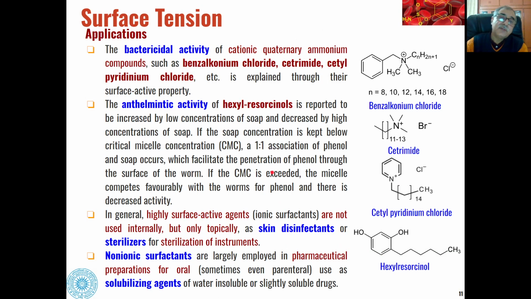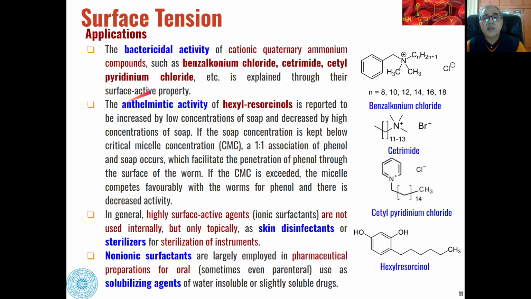Now, applications of different types of surfactants for different types of diseases have been explored. For example, benzalkonium chloride, we know, is a cationic quaternary ammonium salt, and this has been found to have bactericidal activity, and in many tubes or creams this is used.